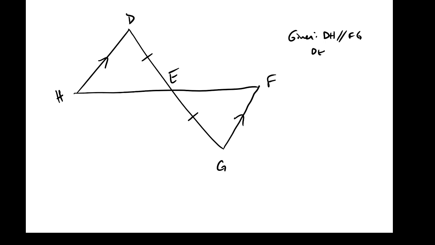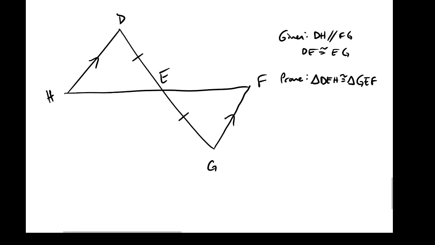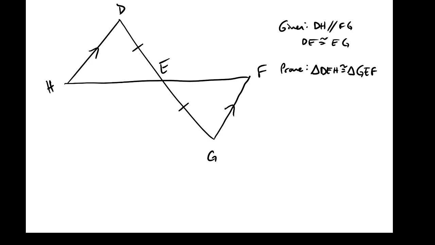Moreover, that DE is congruent to EG, and we are going to prove congruence here. It's going to be triangle DEH congruent to triangle GEF. Okay. So let's go ahead and give this a shot.